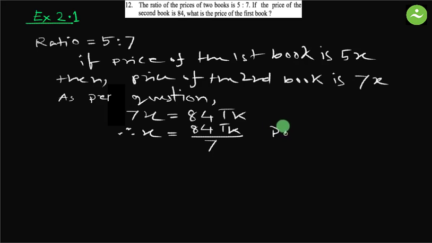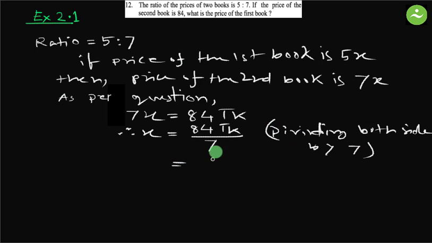You can write here, dividing both sides by 7. Therefore, x equals, there will be 12, because 12 multiplied by 7 equals 84. So, x equals 12 taka.